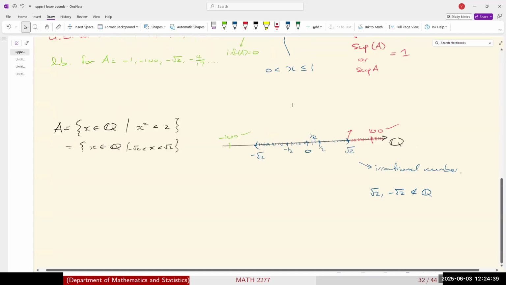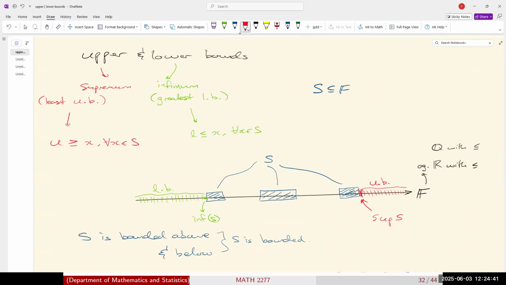But remember, well, I didn't have it here, but I could write it in. This element U, the upper bounds and the lower bounds, must belong to the underlying field. Okay, they must belong to the underlying ordered field.